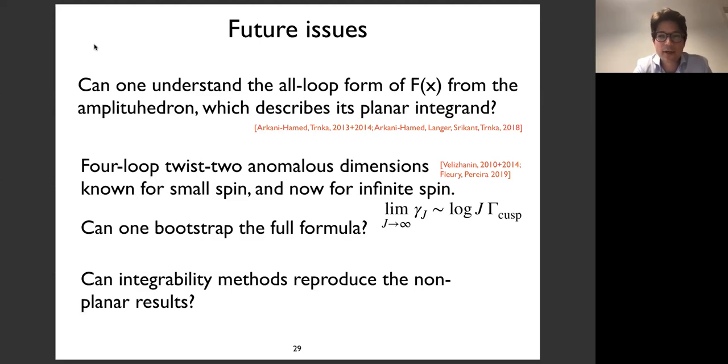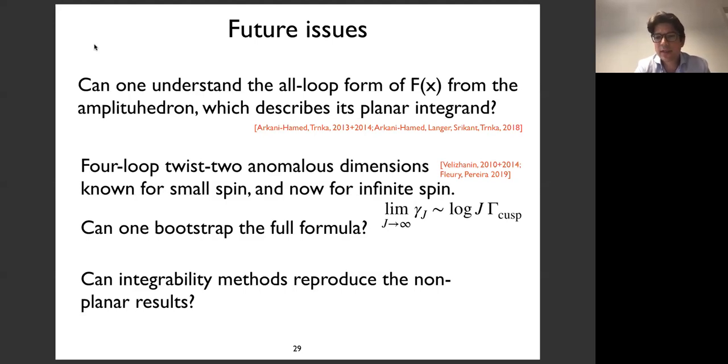The first issue has to do with that interesting quantity f of x. Because it's finite, to compute it in principle, all we need is its four-dimensional integrand. And I just wanted to point out that thanks to work on the amplituhedron and recursion relations, we have a pretty good idea of what the planar integrand is.